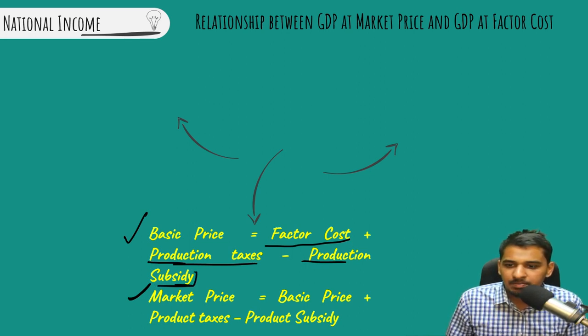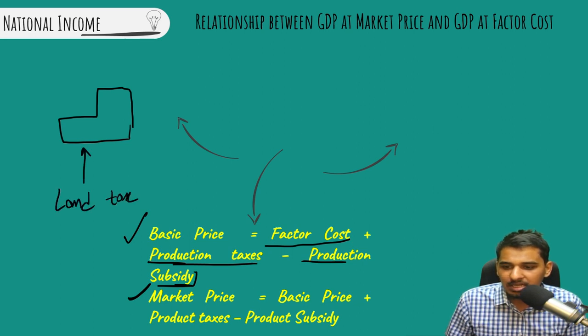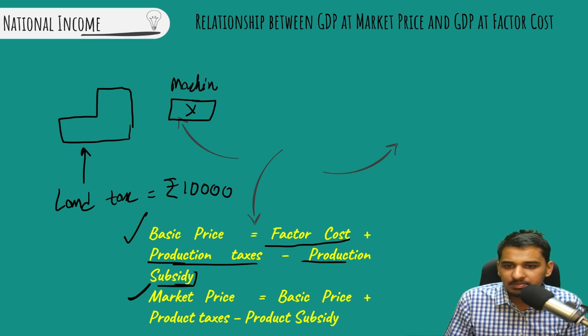Suppose this is your factory, and you are paying, say, land tax of rupees 10,000, and this is your machine X. You are producing this machine X for say 100 rupees and you are paying 10% GST. So the market price is 110.